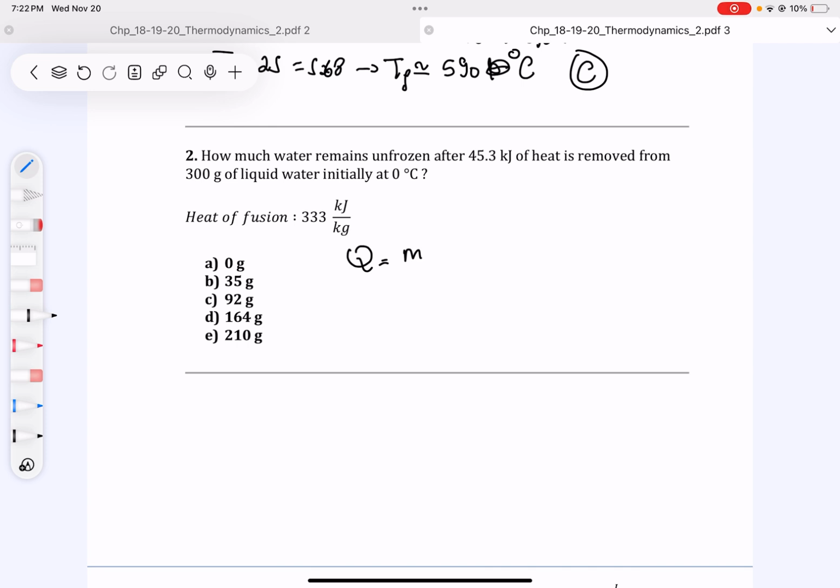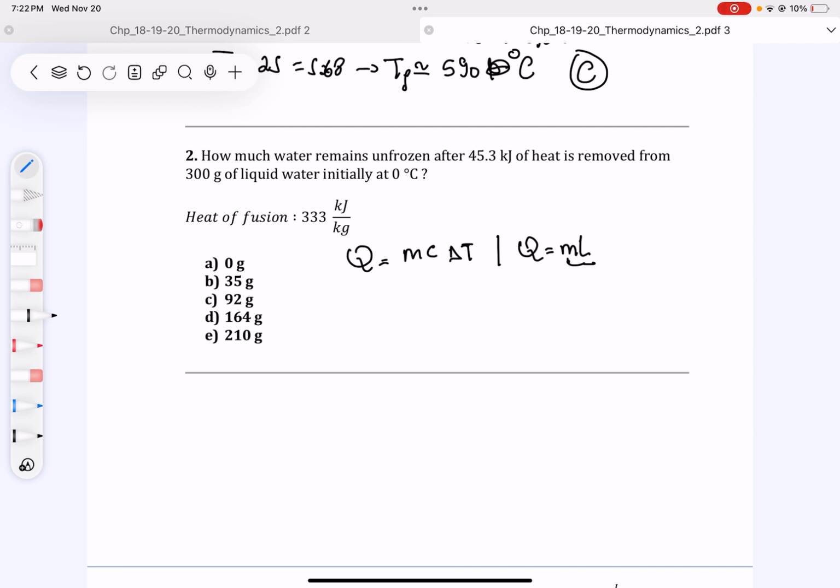It's either mc delta T, where c is specific heat, or Q is equal to mL for phase change from liquid to solid, solid to liquid, liquid to gas, or gas to liquid. We use this.